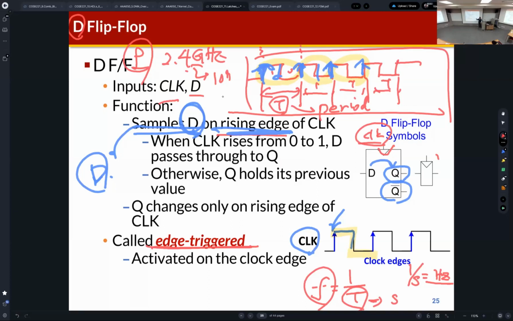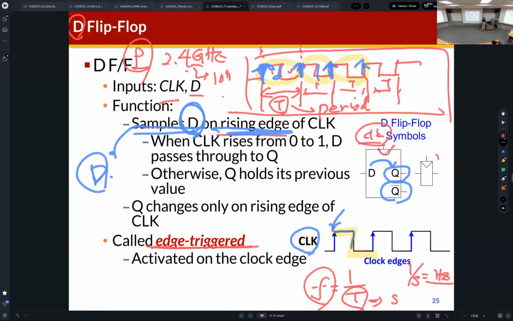In the latch, during the period the clock signal is 1, Q is equivalent to D. But in the D flip-flop, only at the rising edge of the clock, Q is equivalent to D. This is the difference between the D flip-flop and the latch.